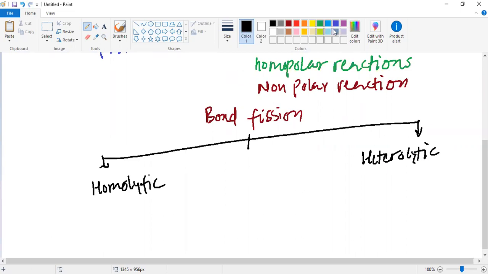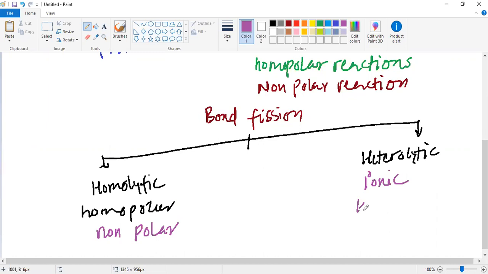This homolytic is also known as homopolar or non-polar reactions, and heterolytic cleavage is known as ionic or heteropolar. Heterolytic bond fission is sometimes simply known as polar bond fission.